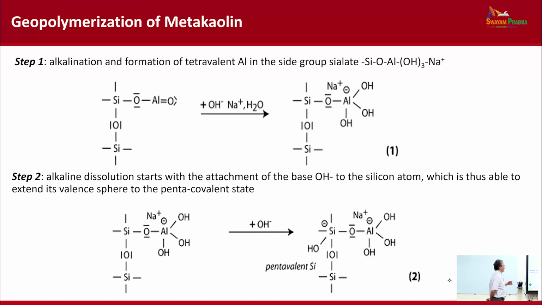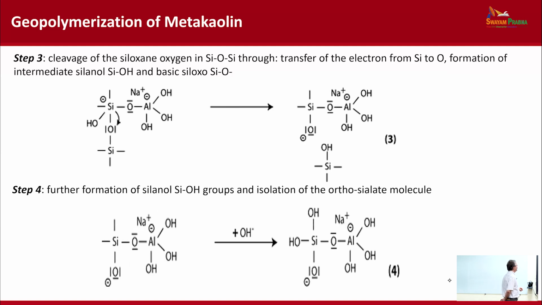this goes through different steps. First, you have the alkalinization, formation of tetravalent aluminum in the side group silate, and this is stabilized by the presence of the alkaline cation. Then you have the attachment of the OH base to the silicon atom, and then you start the dissolution of the silica network.